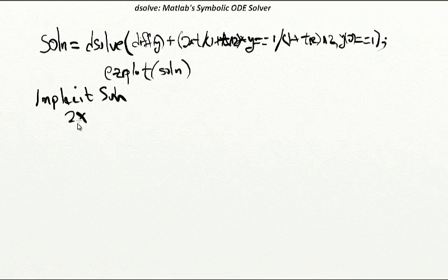(2x + 1) dx - (3y² - 2y) dy = 0. So there's a first order equation which is actually separable as well as exact.